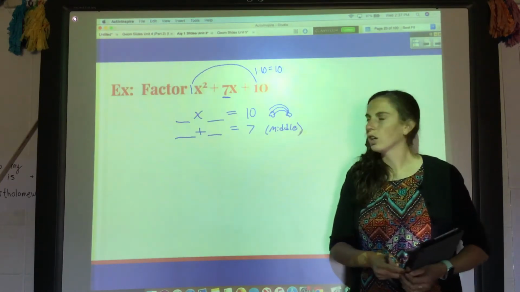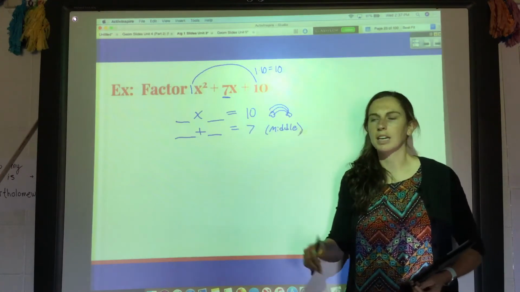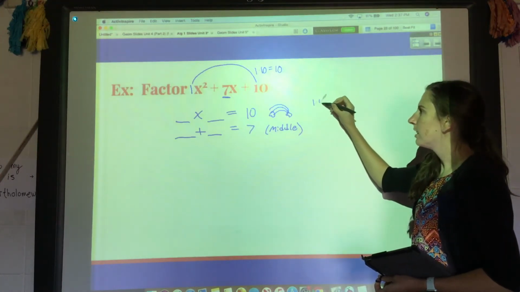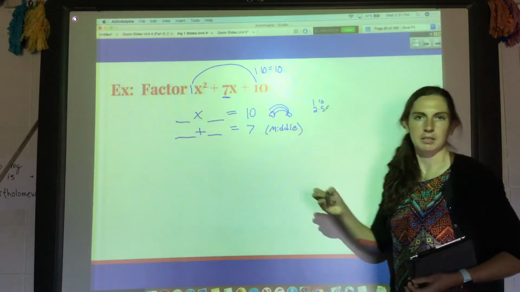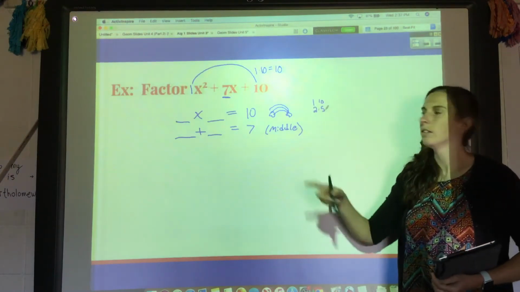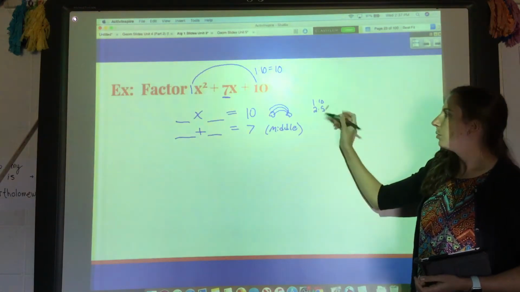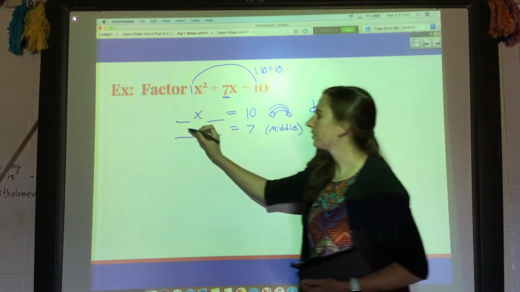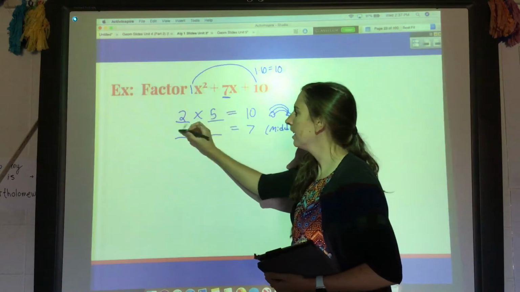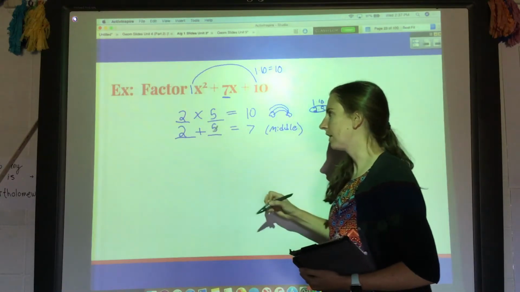If you're not sure, start just listing things that multiply to give you 10. That would be 1 and 10, 2 and 5, and that's it. Or -1 and -10, -2 and -5. The ones that add to 7 would be 2 and 5, because 2 times 5 is 10, and 2 plus 5 is 7.